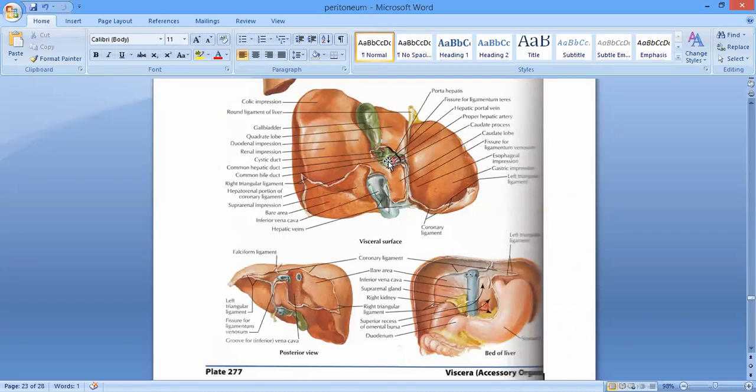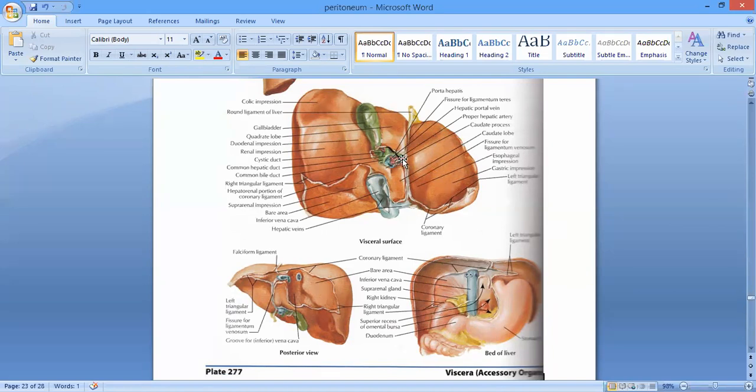ठीक है? जहां से through which all the nerves and the vessels and the ducts are going to enter or leave the liver. जैसे हमने पढ़ा था ना जी, we use the term hilum for the kidney and the hilum of the lungs, ठीक है ना? So that is basically a point of entry जहां से structures are getting inside the organ and coming out of the organ.